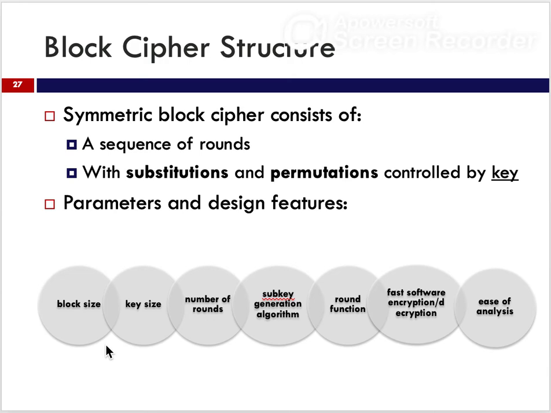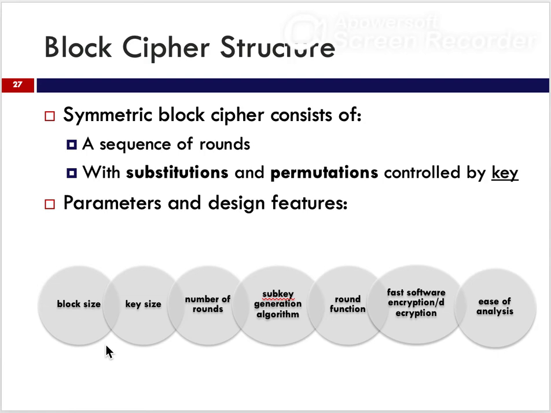Then inside each round function we need to define our encryption and decryption algorithm, and we need to have fast software encryption decryption, because if you implement your algorithm in hardware, it will be very efficient and fast, but we need the same efficiency in software. So we need an efficient software implementation of our encryption decryption algorithm for the block cipher, so that it takes very little time even in software when we are performing encryption or decryption.